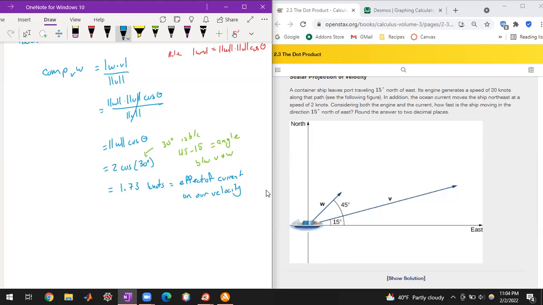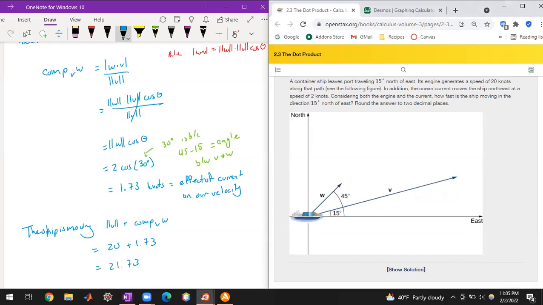So the ship is actually moving the 20 knots that we had originally, plus this expression here. So 20 plus the 1.73 is going to give us a final answer of 21.73.